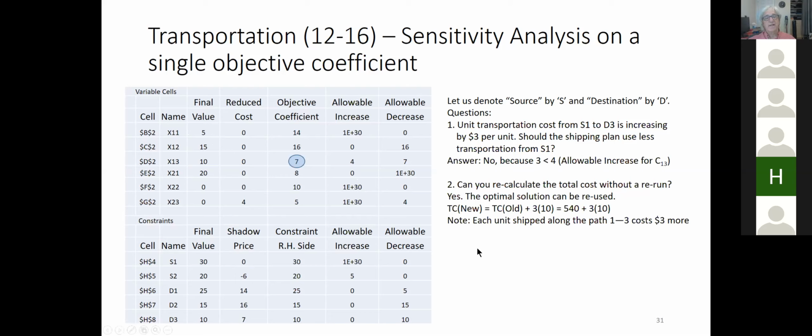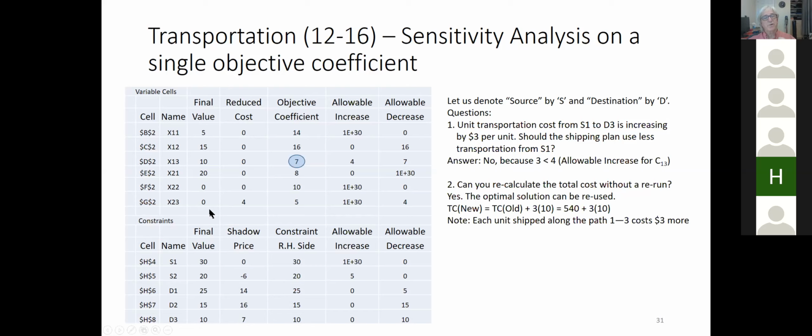So that's why it's important to know that, because sometimes intuition does not give you the correct decision. And then besides, you can estimate the total cost after the change, and you don't need to rerun the model in order to know, because you know that if you do, you'll get exactly the same solution.